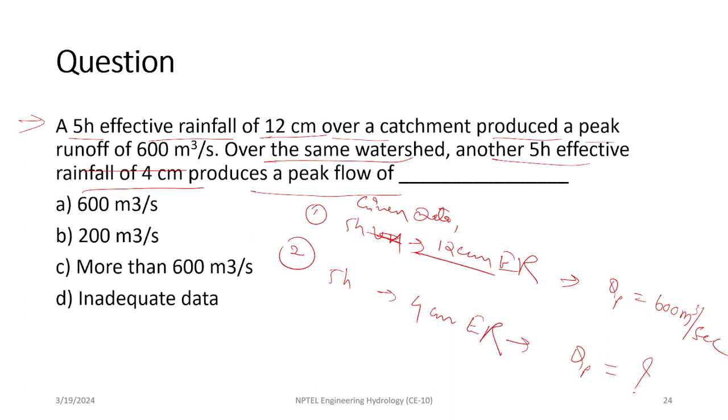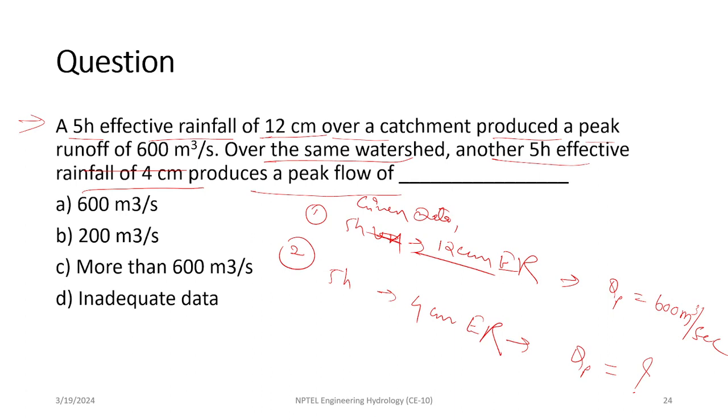Anything going in your mind? How can you get this? Trying to find this 2.4. Calculate it and keep in mind that one thing is mentioned here, same watershed. That means the area will be constant. So the additional information per 1 centimeter is equal to 600 by 12.